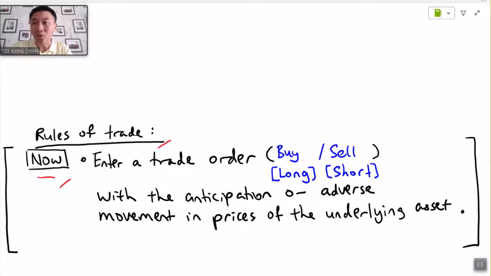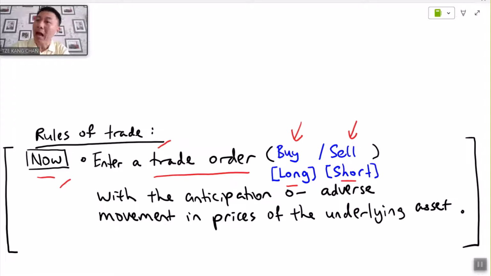In order to create the hedge position with the use of futures contract, whether it is for currency futures or 3 months interest rate futures, it is important to understand that the account holder, which in this case is the hedger, will need to instruct the broker at the brokerage house to enter a trade or create a trade order, which either refers to a buying instruction, or what we call long. Alternatively, the hedger will need to tell the broker to enter into a sell instruction, which is called a short position.